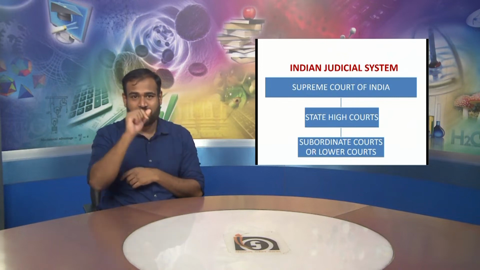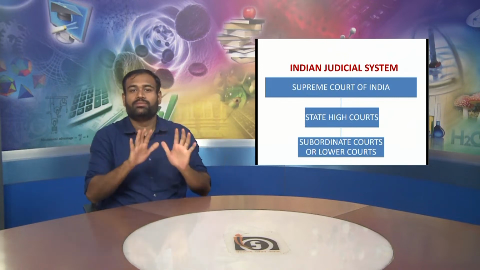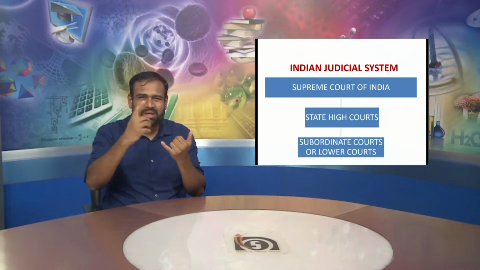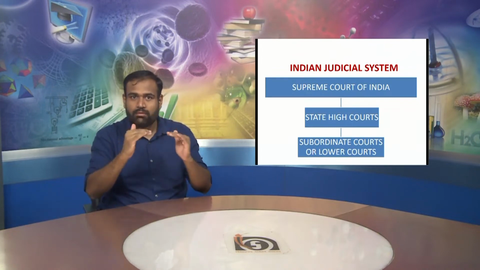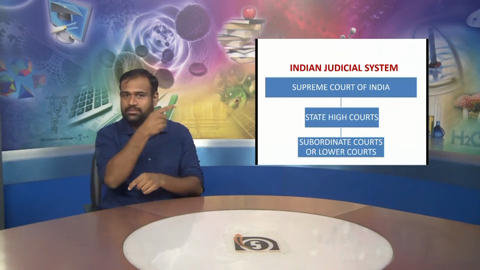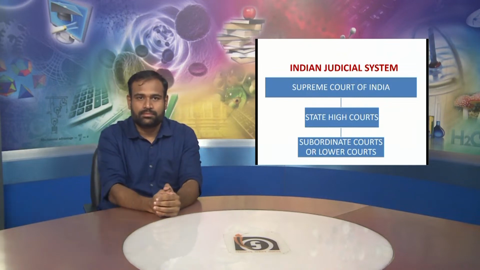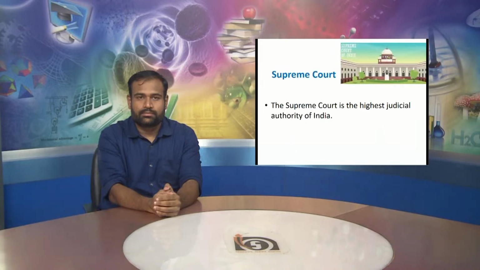Now you can look at this image to understand the Indian judicial system. At the lower level, we have subordinate courts. It is also known as lower court. Further next to it are the High Court and then Supreme Court.